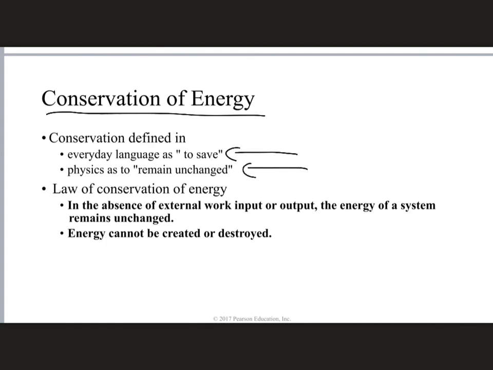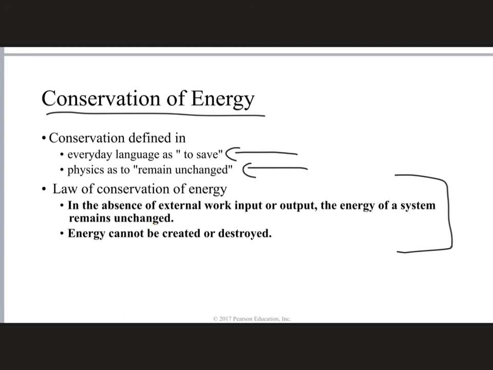Now, the individual parts can change, but the total stays the same. And so here is the way that we generally write the law of conservation of energy in physics. We say, in the absence of an external work input or output, that means a force acting over a distance, that's what a work input or output is, the energy of a system remains unchanged.